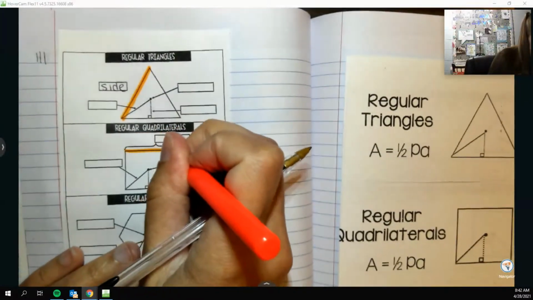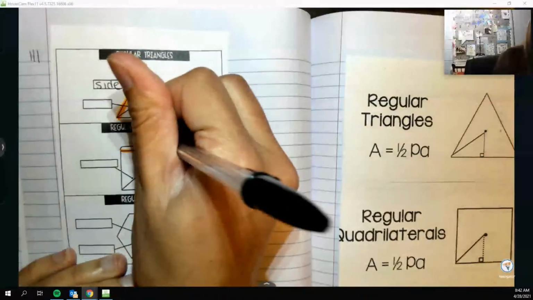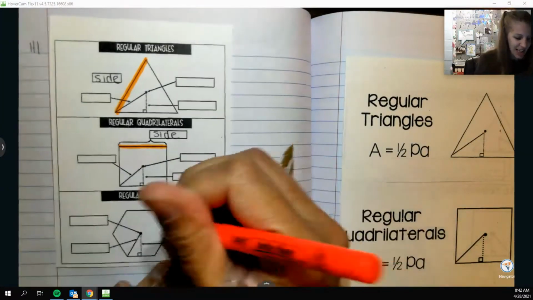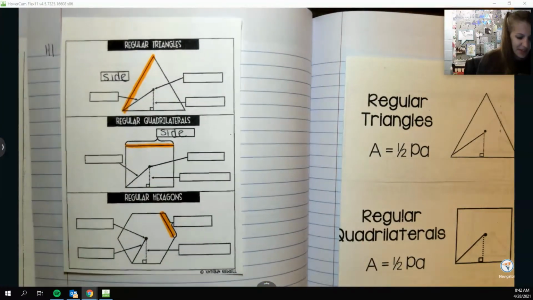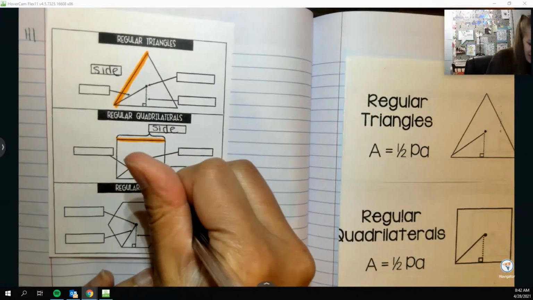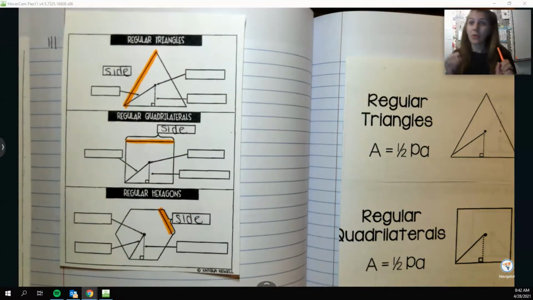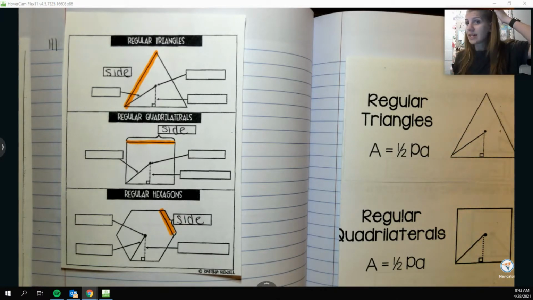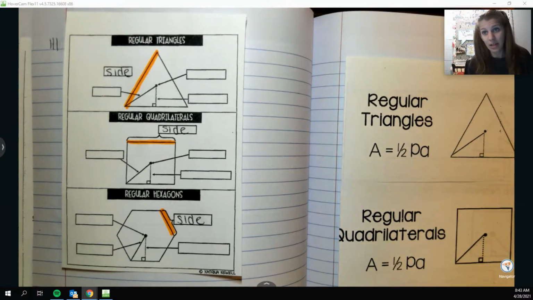This is a side of the quadrilateral. I know it seems silly, but this is a side of the regular hexagon. So we need to make sure that we're identifying the side and how long it is. Finding the side length is going to be super crucial to finding the area of regular polygons.